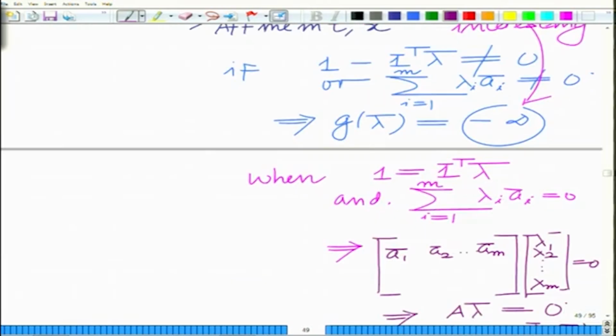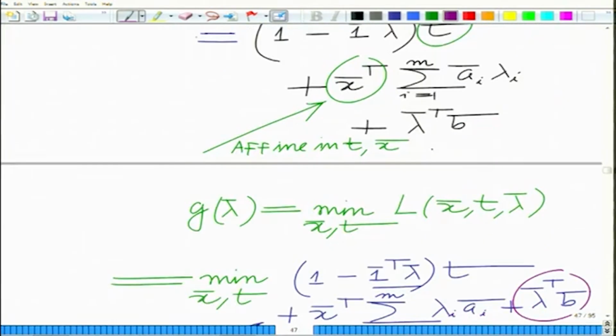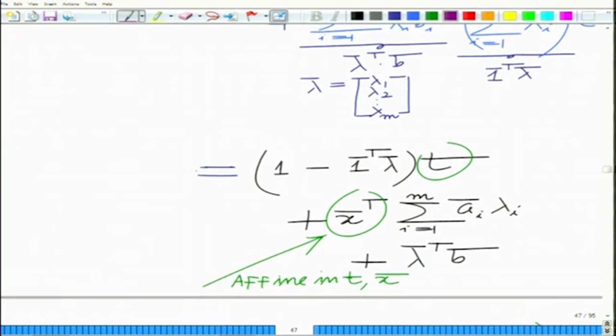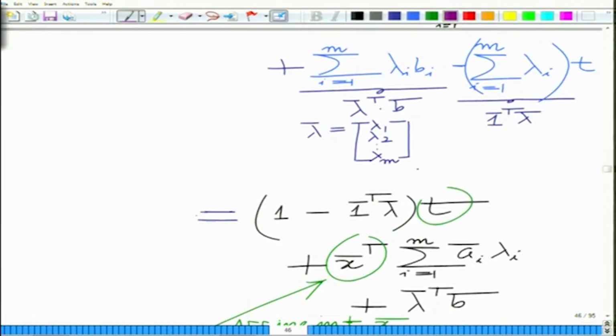Of course, when you formulate the Lagrangian, you also have to ensure that these lambda bars are component wise greater than or equal to 0.